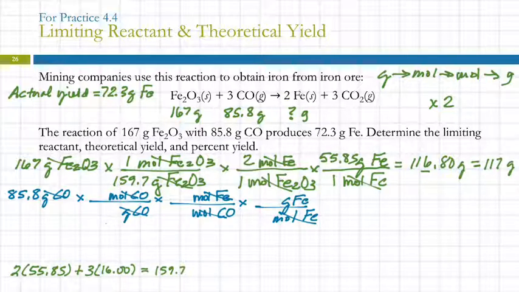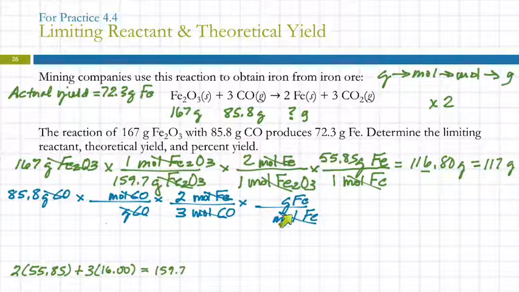Just like we could say that 5 ounces of tomato sauce is equivalent to a pizza. Are they the same thing? No. But in the process of making pizzas, they are the same thing. If you have 5 ounces of sauce, that means you can make 1 pizza. So that's the idea here. So I'm going to put 2 in front of Fe and 3 in front of CO.